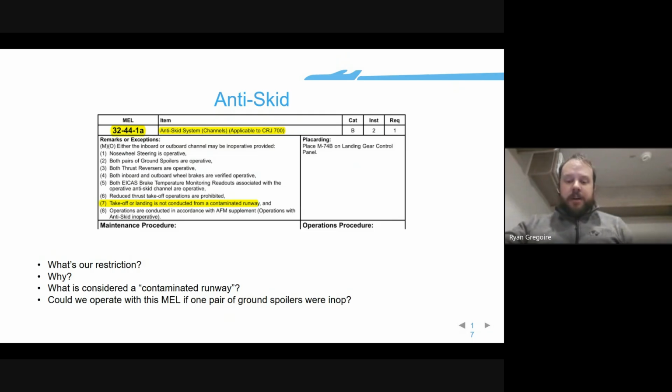One interesting thing on here is reduced thrust takeoff operations are prohibited. Generally speaking, when we're planning flights, we'll never plan a full thrust takeoff unless maintenance specifically requests it.